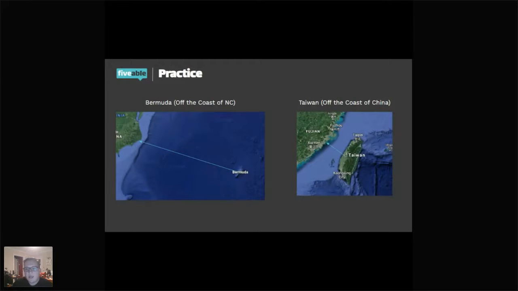Taiwan, I would say, has less human interaction only because if you look, there's more green and more space that's not going to be taken up by human urbanization and stuff like that. However, Bermuda is a very small island and a lot of tourists are going to Bermuda, so that's going to have a heavier human impact. At least that's the logic I put behind it. I might be wrong, but that's how I look at it.